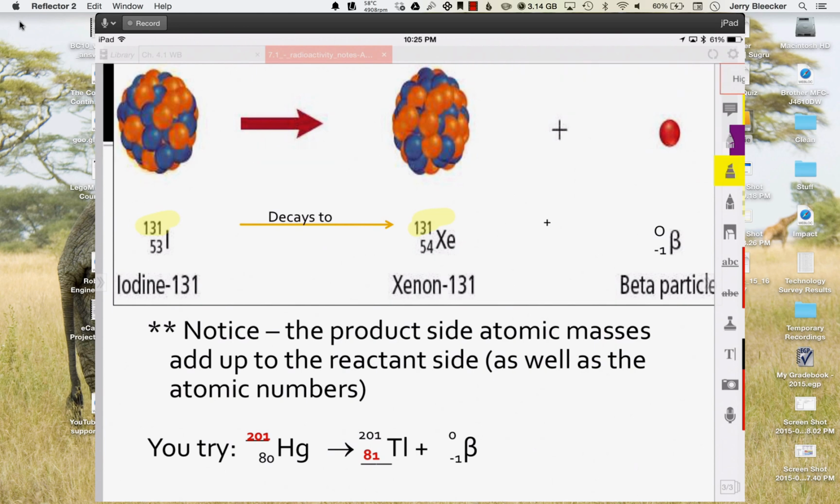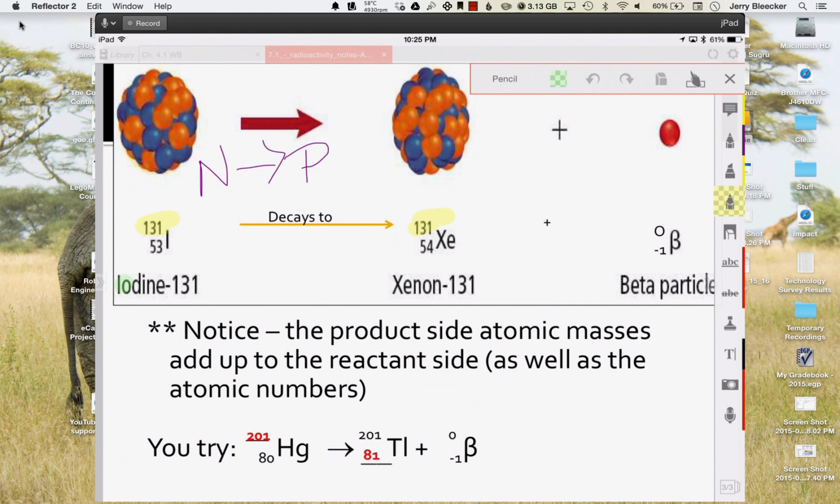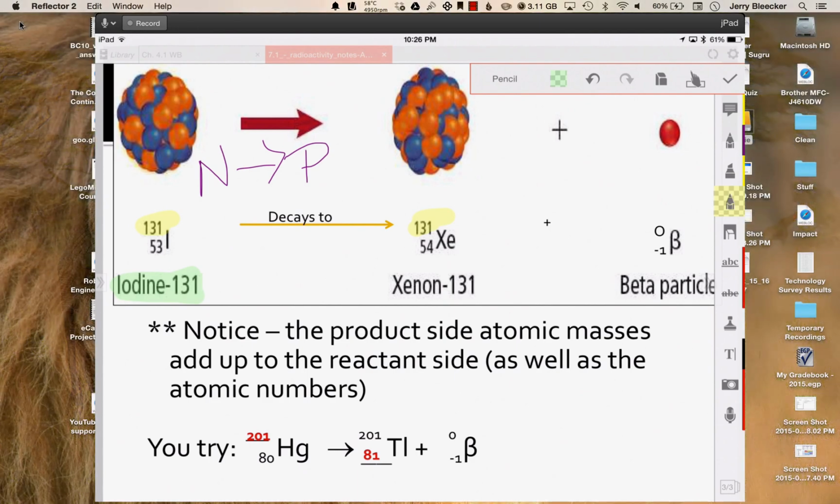So instead of iodine, I need a new color. I can't take yellow anymore. Let's go into a nice green. Iodine, which weighs 131, that's its mass. It picks up a neutron, becomes a proton. So it's the same weight. Neutrons and protons weigh the same.